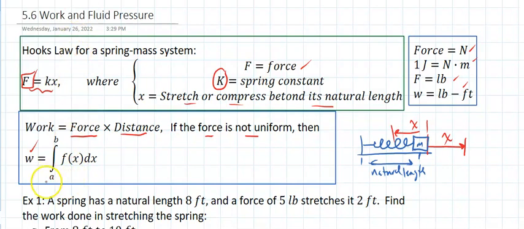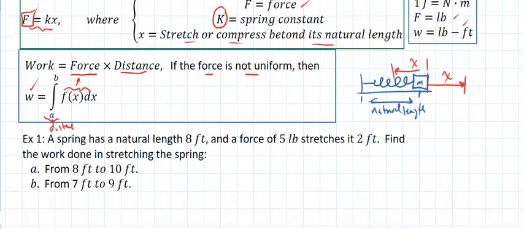This would be the equivalent of distance, and this would be the force. So since it's varying, the integral will figure out at every fraction of a foot or an inch or a centimeter or a meter, whatever you're given, how much work is being done, and it sums them up. So the different variations of the forces are added up.